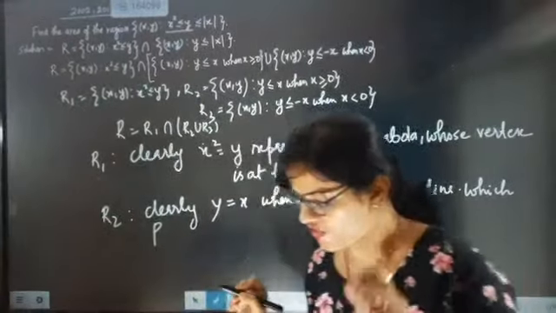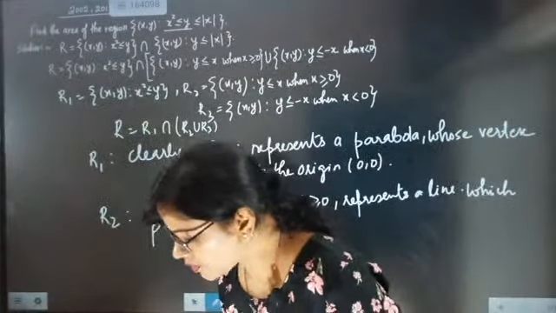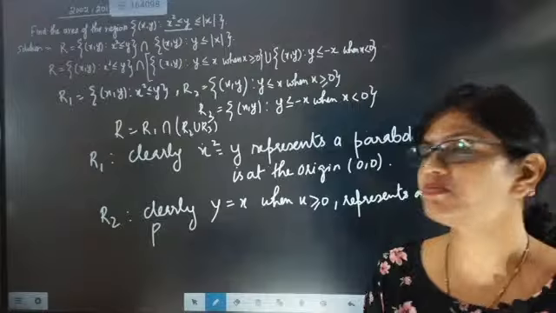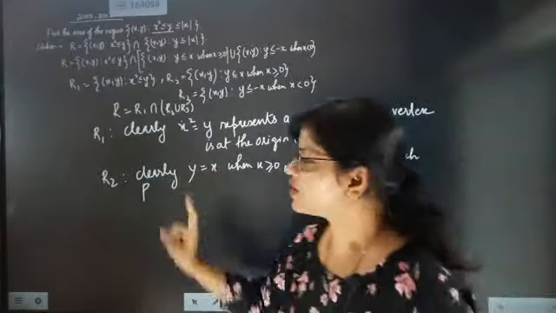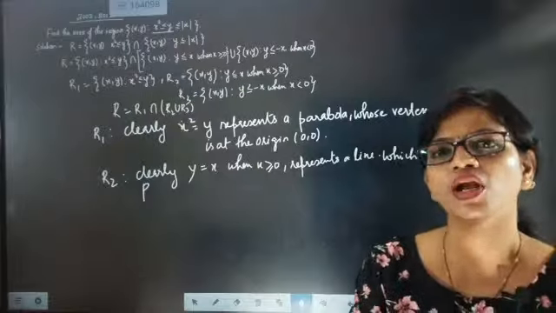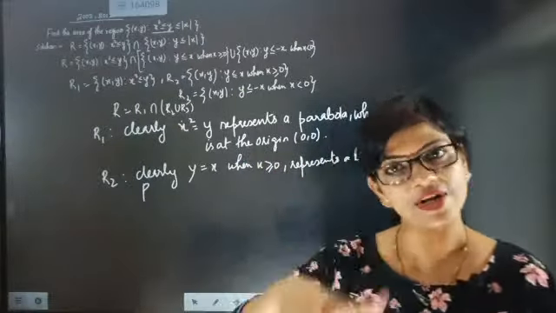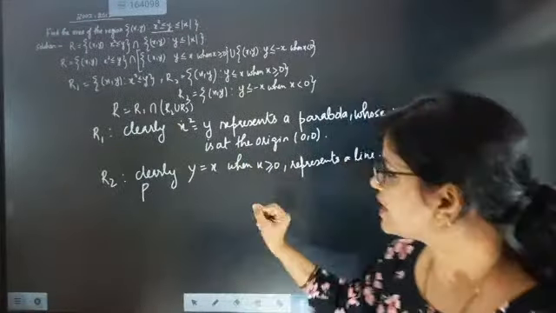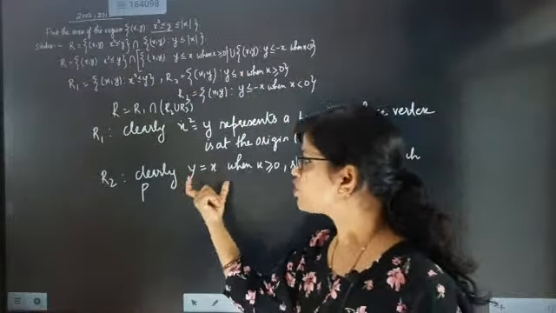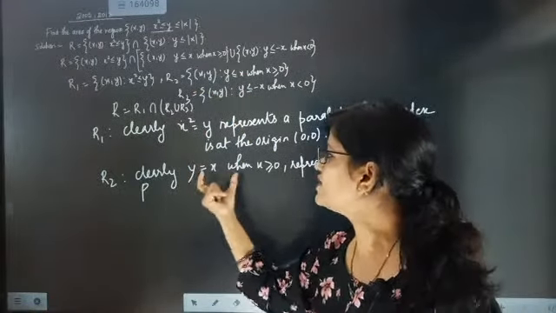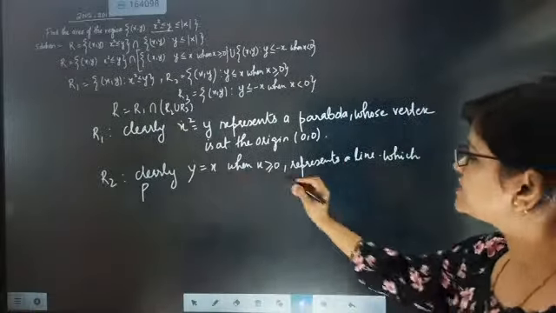I am writing each and every statement today so that it will become clear for you, beta. So first point, I talked about the parabola, and its vertex will lie at the origin. Second, the R2 point we have taken: y equal to x is a line and x is greater than or equal to 0.